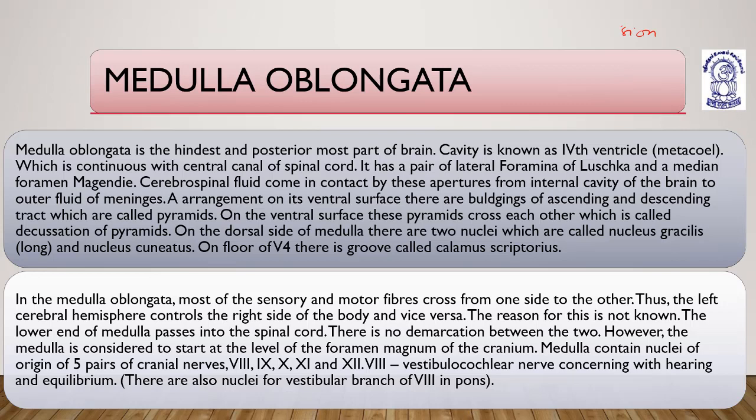Medulla oblongata is the hindmost and posterior most part of the brain. The cavity of medulla oblongata is known as fourth ventricle or metacele, which is continuous with the central canal of spinal cord.